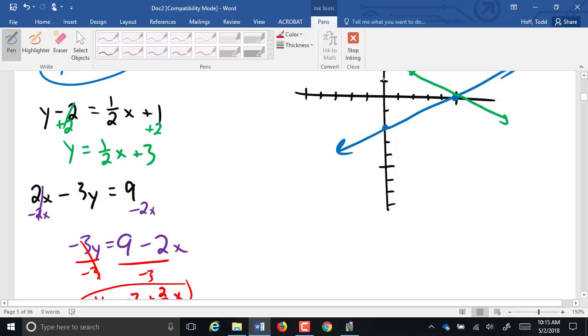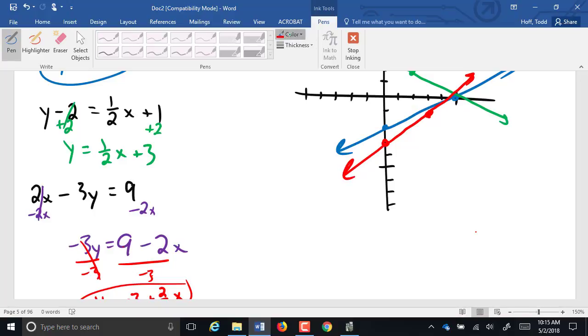So we start out at -3. And from there we go up 2 over 3. Looks like that. What do y'all think? Not horrible?